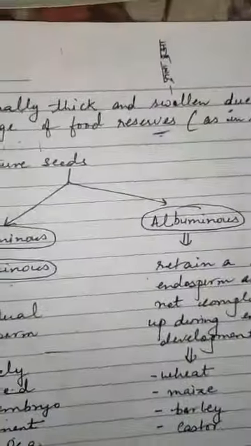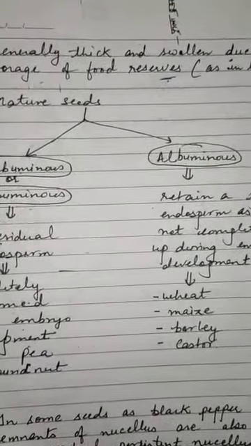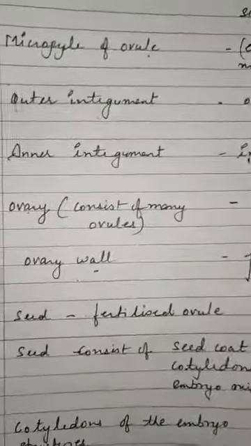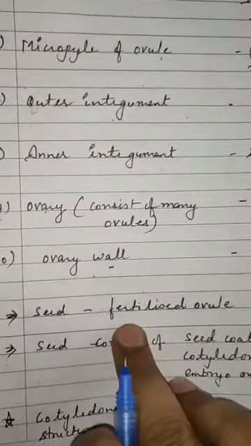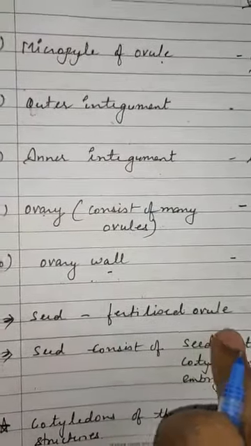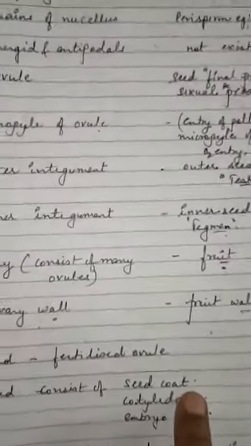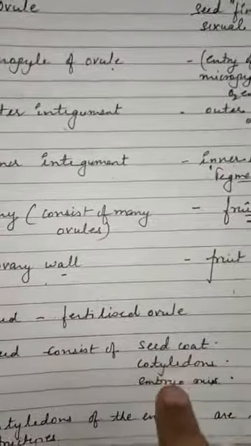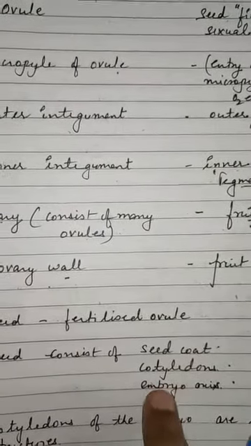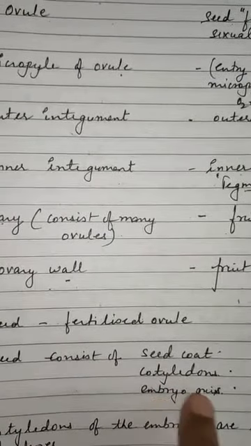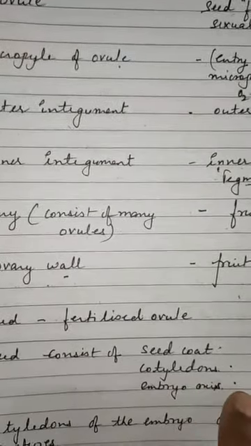So what we have learnt in seed, we will recall it. Seed is called the fertilized ovule. It consists of seed coat, cotyledons, and an embryo axis, right? Cotyledons are responsible for storing the food.